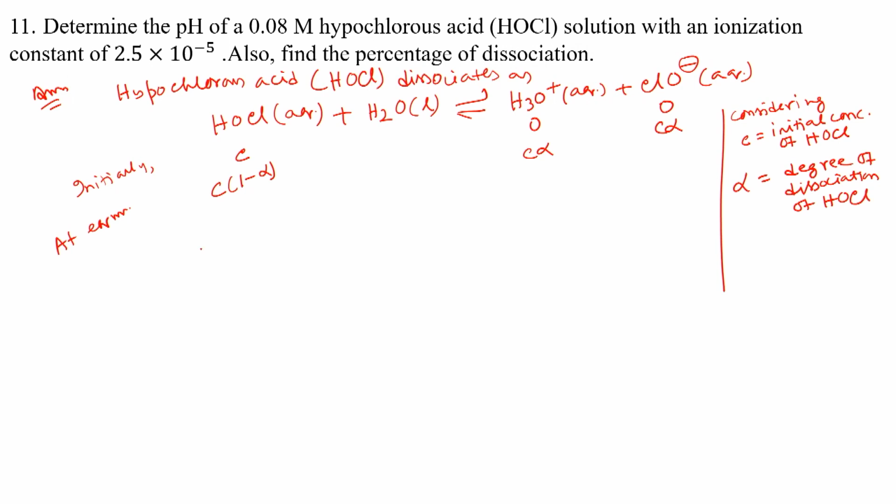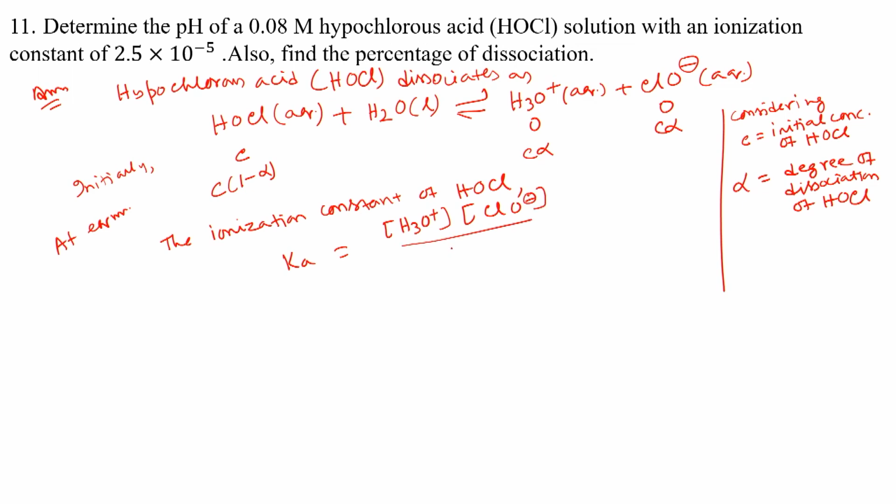So the ionization constant Ka of HOCl is the concentration of H3O plus times the concentration of ClO minus divided by the concentration of HOCl, right?